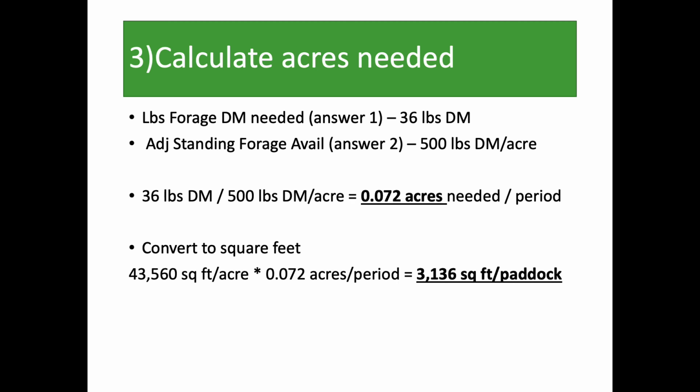All right, now we know how much they need, we know how much we have available. That's what you calculated in the first step and second step. Now we need to figure out how many acres we need. So you're going to take your answer from part 1, the pounds of forage that your animals are going to need, and divide it by your available forage, which is what you just calculated.